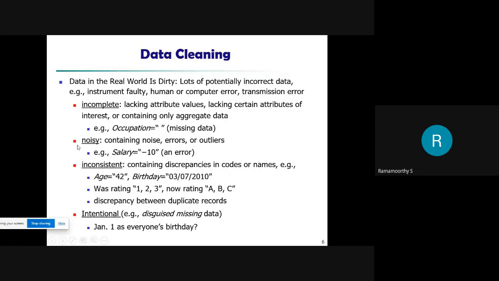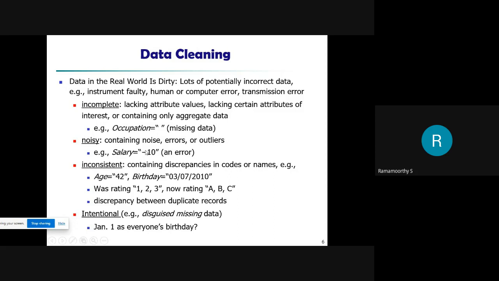And the data contains some noisy and outlier error values also. For an example, if you take salary is equal to minus 10, this is not logically correct because it is a negative value.